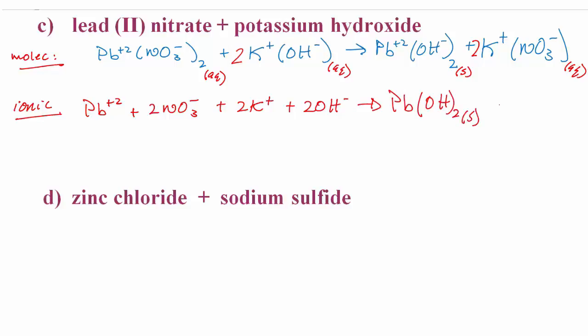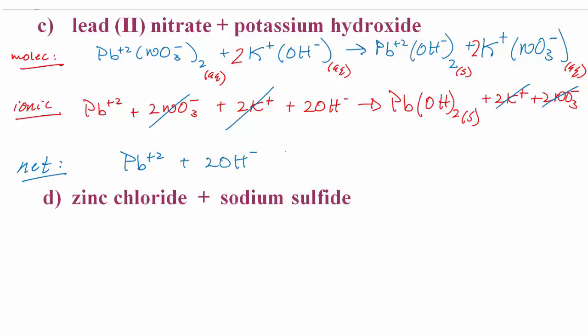That's a solid. 2 potassium ions and 2 nitrates. My net, cancel what you can. The 2 nitrates, the potassium ions. So I end up with lead 2 plus 2 hydroxide anions forms lead 2 hydroxide.